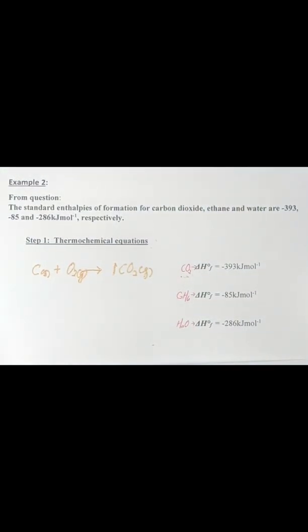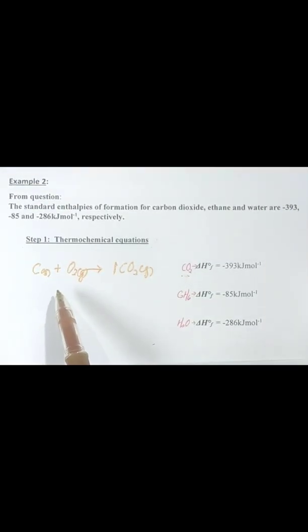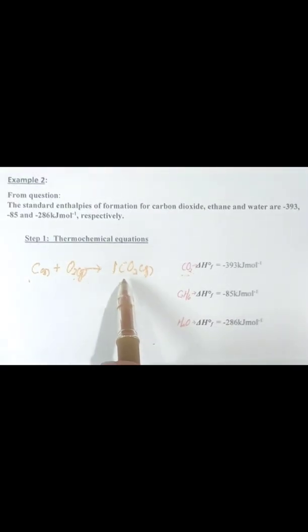So the elements should be carbon in solid form, right, with oxygen in gas form. So after this, we check whether it is balanced or not. 1 carbon here, 2 oxygens here, 1 carbon here, 2 oxygens here. So it is a balanced thermochemical equation.